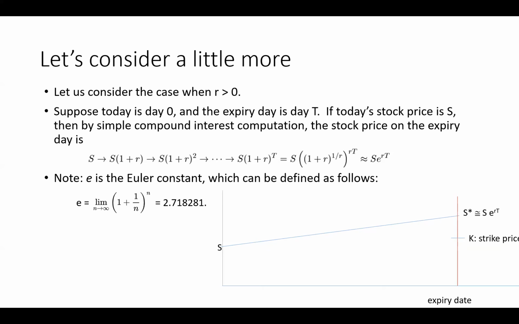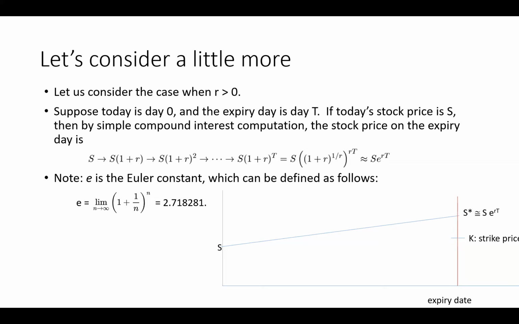It's just a number, 2.718281 and so on. What you need to know is that the final compound value is very closely approximated by S times e to the power RT.